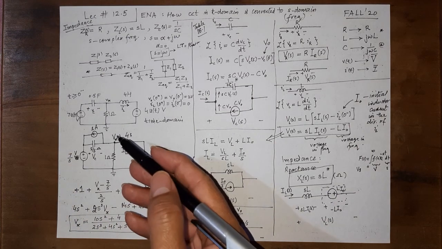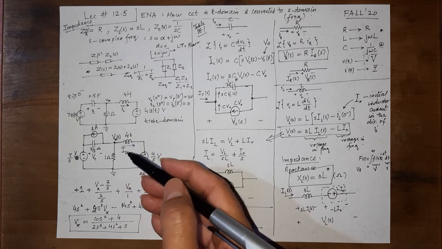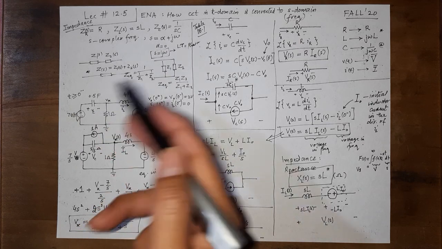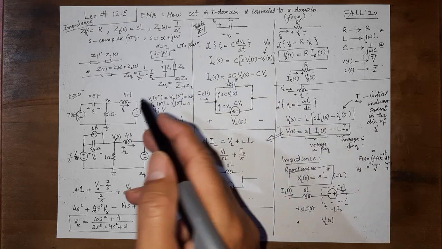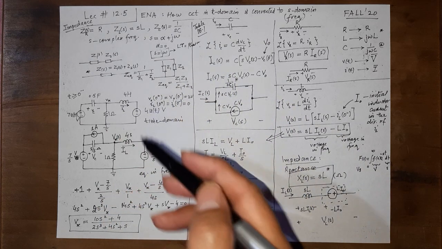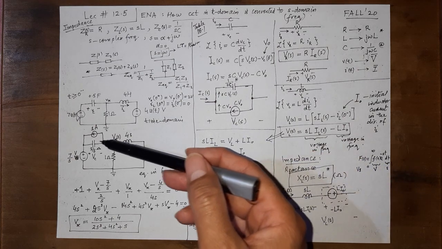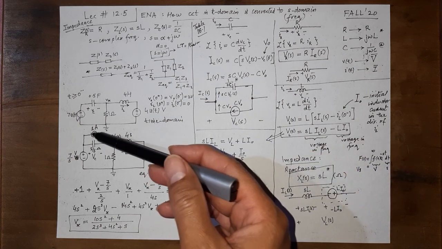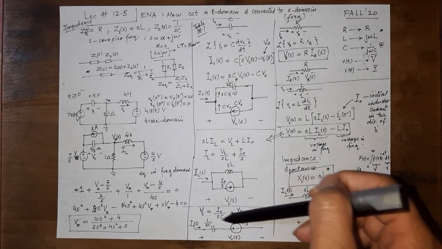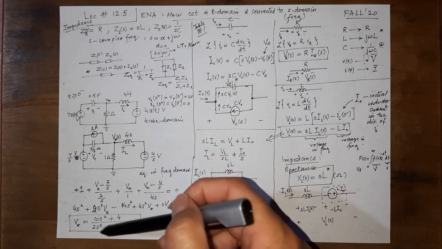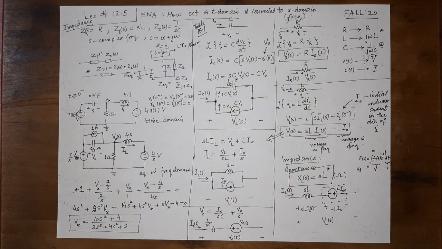But here what we have done, we have eliminated writing the integral differential equation and then applying Laplace transform. We have skipped that. In fact, as an exercise, what you should do is use this equivalent symbol for the capacitor here, and then write the equations again and see if you get to the same expression for Vx or not.